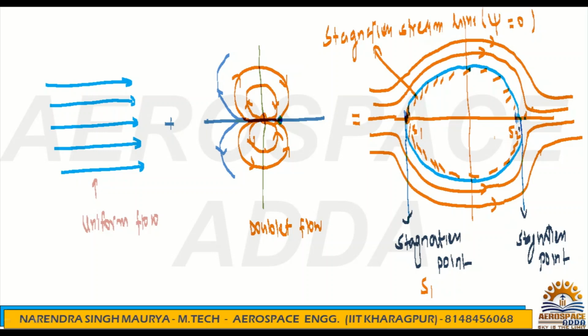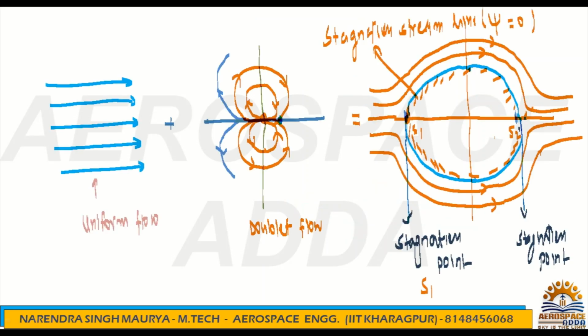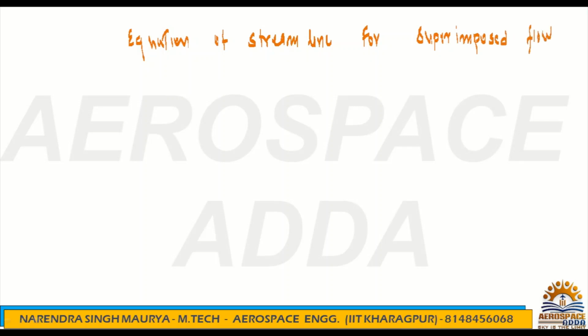This is the flow pattern for the flow past a circular cylinder. Now coming to the equation, which is very important, and the question they are asking from here: stream function for superimposed flow, or we can write equation of streamline for superimposed flow.